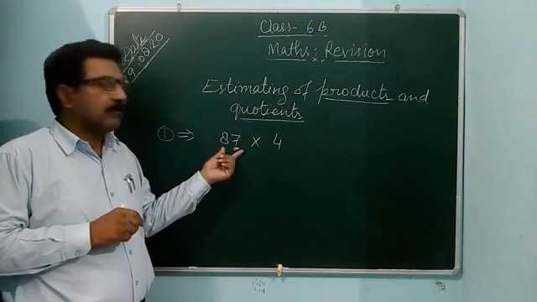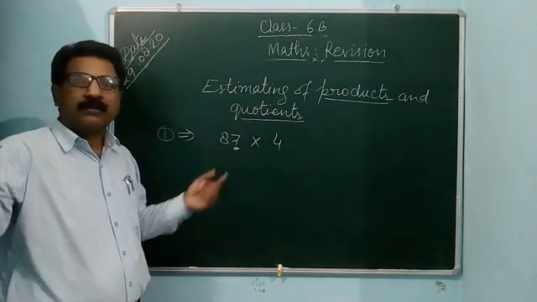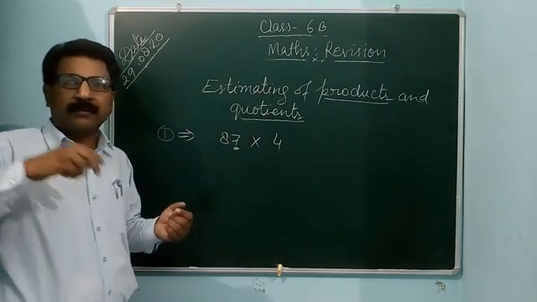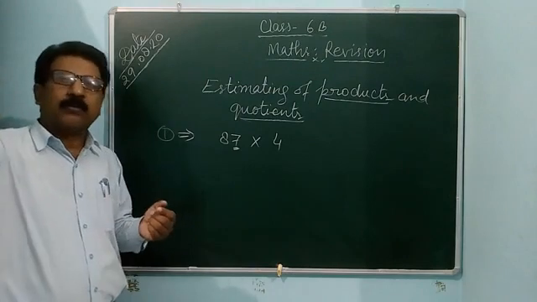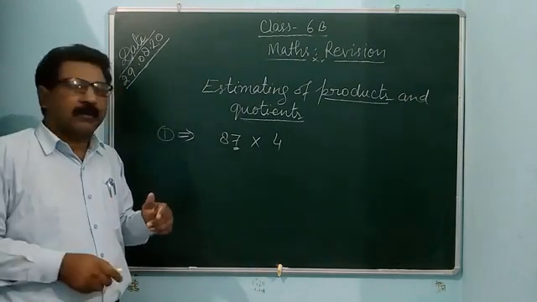If a 3-digit number is given, you take 2 digits. If a 5-digit number is given, you take 4 digits. In this way you can round off.